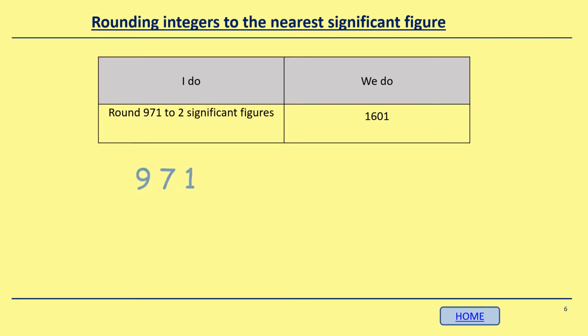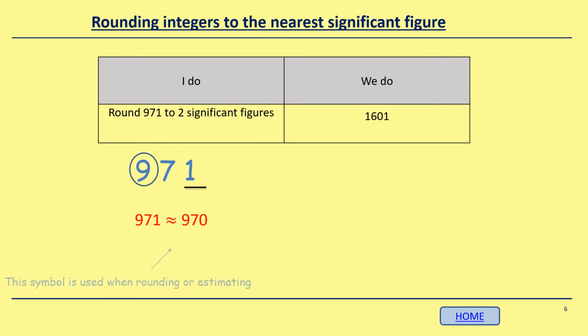I'm going to put a circle around the 9 and a line under the 1. My cut-off point is between the 7 and the 1 because it's 2 significant figures. 1 is less than 5, so 971 is approximately equal to 970 to 2 significant figures.